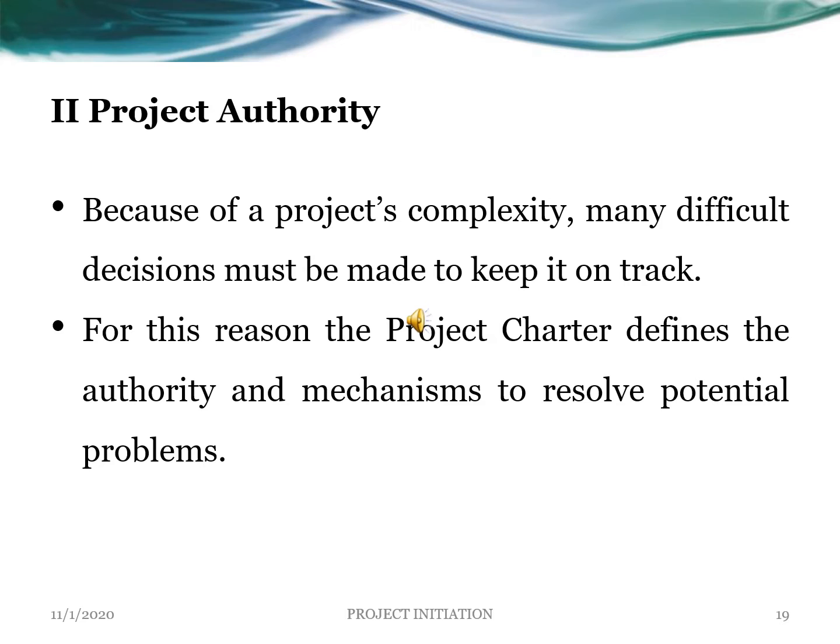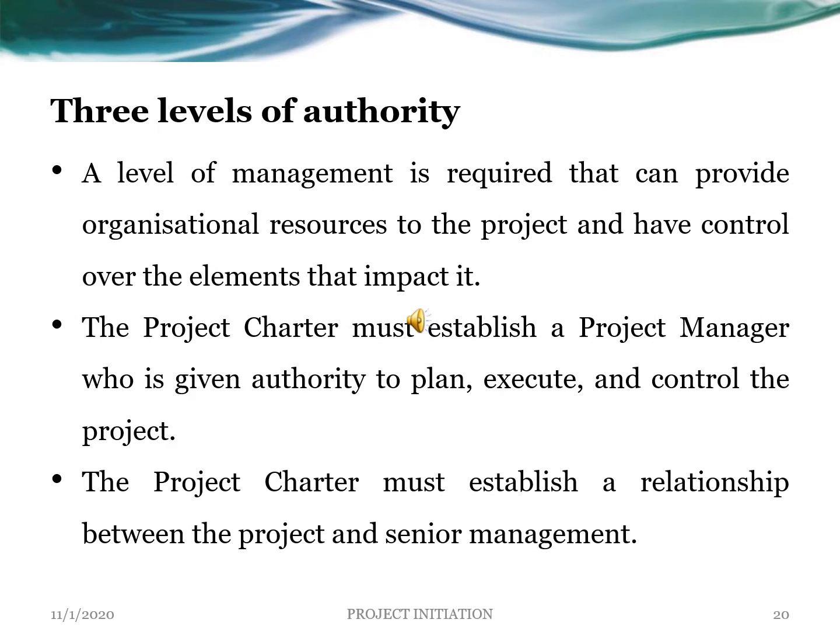The project authority: because of a project's complexity, many difficult decisions must be made to keep it on track. For this reason, we have the project charter, which defines the authority and mechanisms to resolve potential problems, if any. We have three levels of authority.